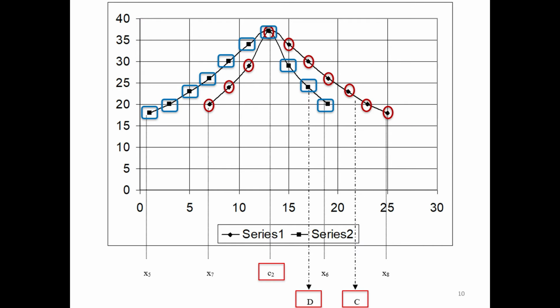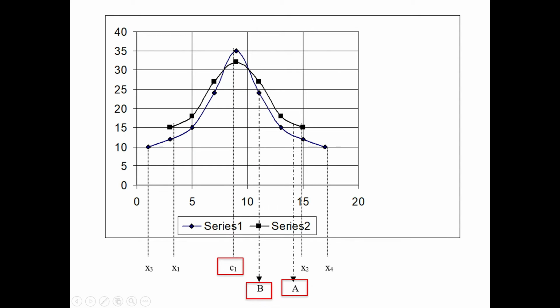Just see, here the dispersion is, and here the dispersion is. Just compare both the curves: central location is the same, concentration is the same, but the variability is from x1 to x2 in one and from x3 to x4 in the other.